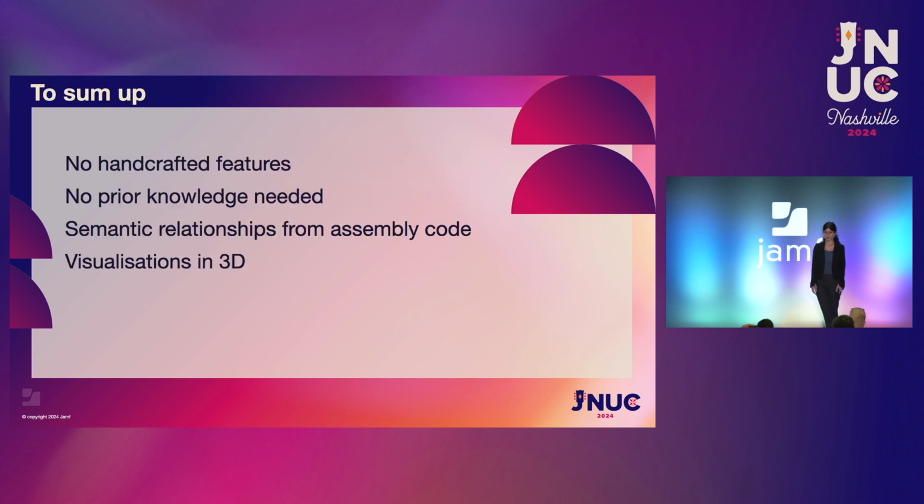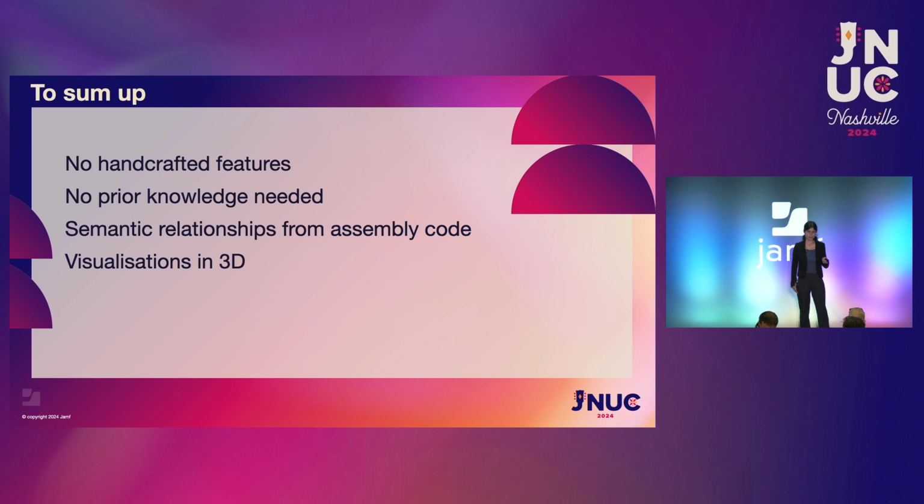So what are the advantages of our approach, the ASM2VEC-based one? Our approach does not rely on handcrafted, human-picked features that might introduce bias. There is no requirement of prior knowledge around the specifics of the compiler optimizations, or even the correct mapping between malware samples.